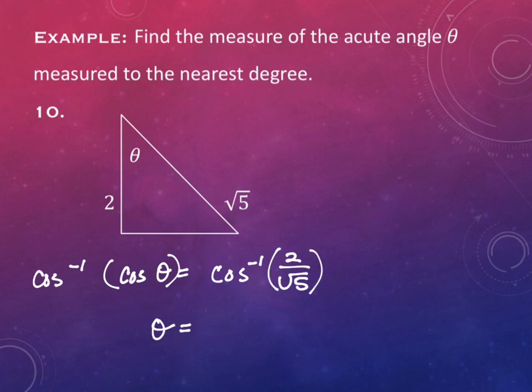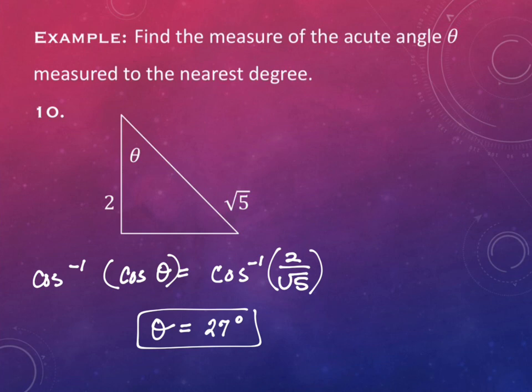And if you take the inverse cosine, that's the button in your calculator as well. You do inverse cosine of 2 over the square root of 5. You don't have to rationalize it or anything. It will give you a 27-degree value for that angle. It does say measure to the nearest degree on this one as opposed to 100th.